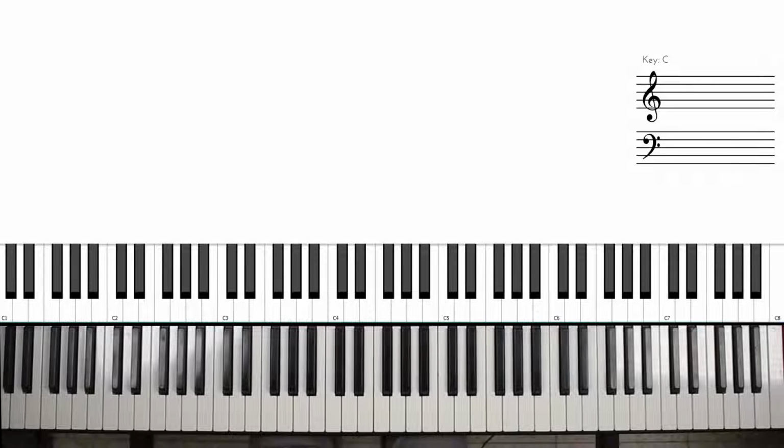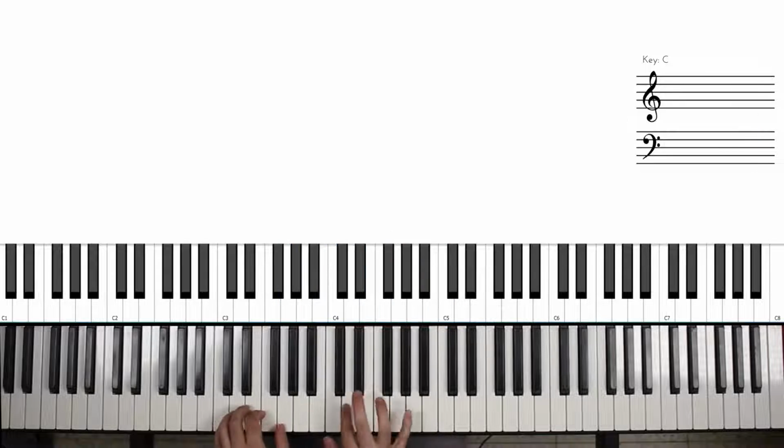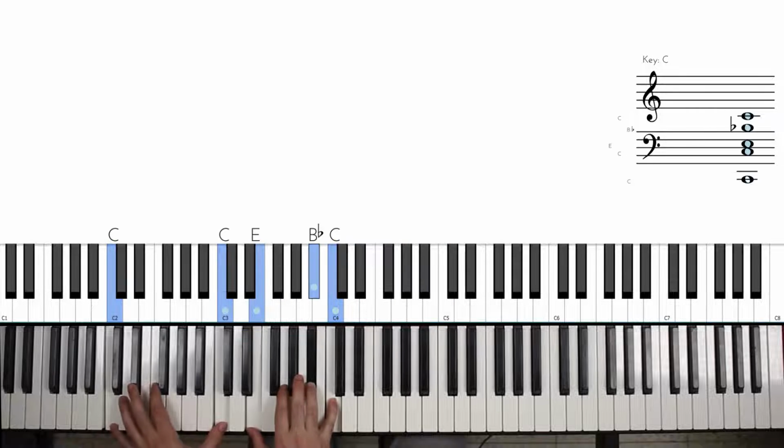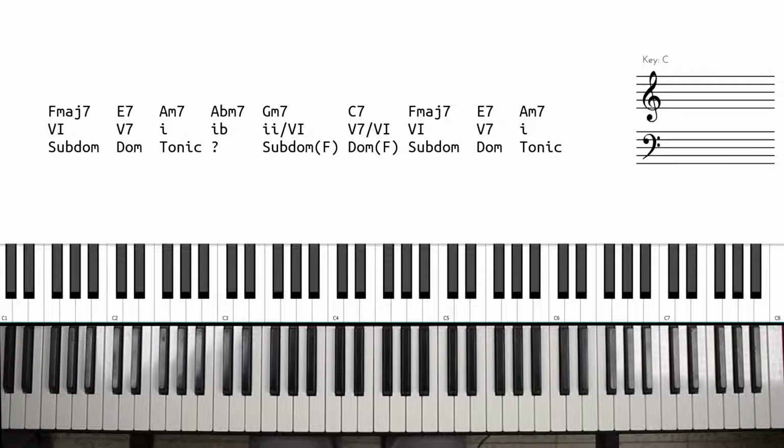Let's take another example. We'll play Just the Two of Us by Grover Washington Jr. To stay faithful to the original, let me switch my sound to an electric piano. So, I'll play the chord progression first for the chorus, and then we'll work out the chords and the functional roles and so on.